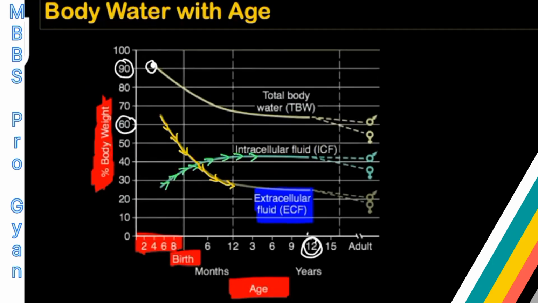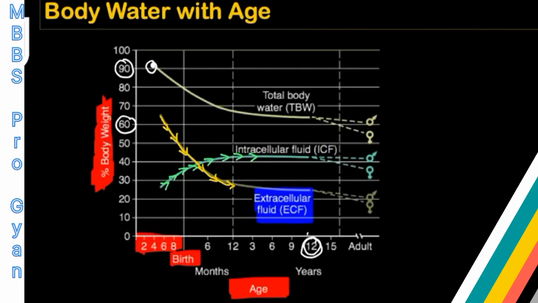Getting my point? Why? Because whenever the fetus is developing more and more, organ generation is going on in the body, and more cells are generated within the fetal life, and that's why the volume within the cells is rising more and more, and extracellular fluid volume is decreasing.